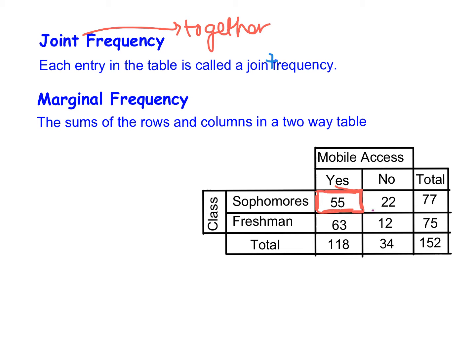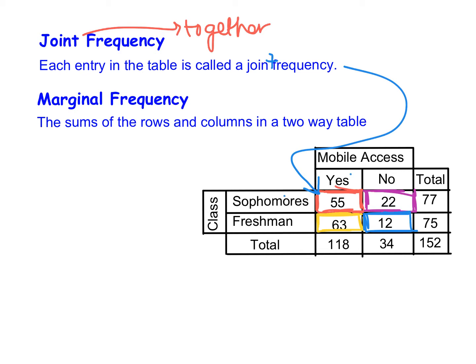Then in this second box, the purple one, it's joint as well because it's sophomores that said no. This box here is freshmen that said yes, and this box here is freshmen that said no. So those four boxes are your joint frequencies because they belong to two categories, and we're showing how often both of these situations occur.